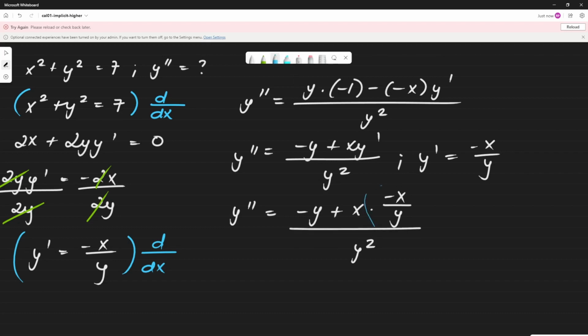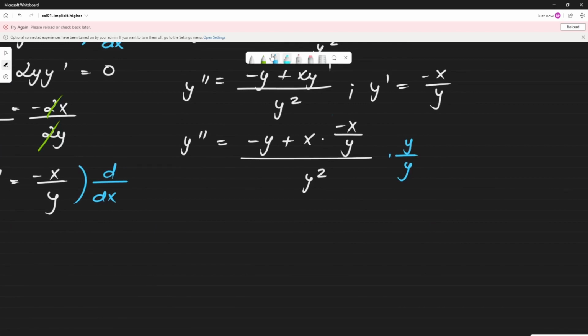So, since we have a complex fraction in terms of x over y, we can just multiply y over y, to eradicate the unnecessary fractions in our given function. So, we will have y double prime is equal to what? This is negative y squared plus, or rather minus, because x times negative x is negative x squared over y cubed.